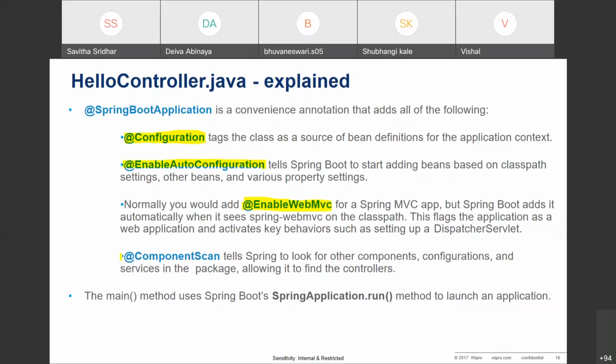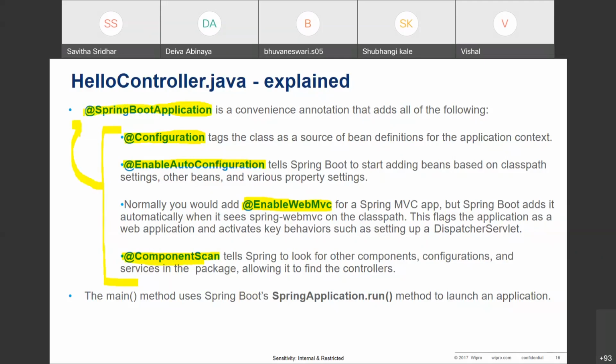Yeah. Plus, in case you are having your components or your controllers or your services, etc., in some other packages, you can also use @ComponentScan so that it can scan and find out all these component services, etc. All these annotations put together is one convenient annotation called @SpringBootApplication.